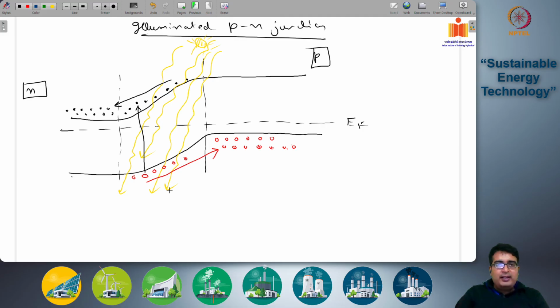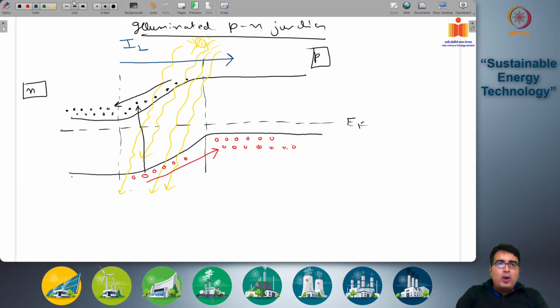So the overall effect will be a current will start flowing. So you will get a current that will flow in this direction, which is called the light current. Okay. So the illumination of a PN junction with sunlight will produce a current that will flow from the N side to the P side through the PN junction diode.